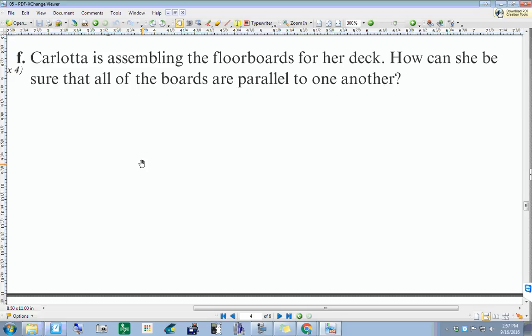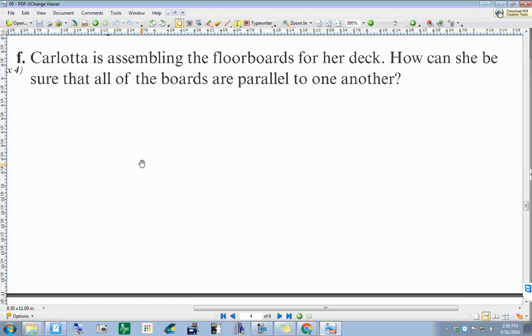Okay, I line them up side by side. That's one way of doing it. But I want a mathematical way of doing it. Have you ever seen, okay, let me put it this way. Have you ever seen floorboards on a deck? Do you know what a joist is? The joists are the big beams that run on the underside of it that hold up the floorboards.